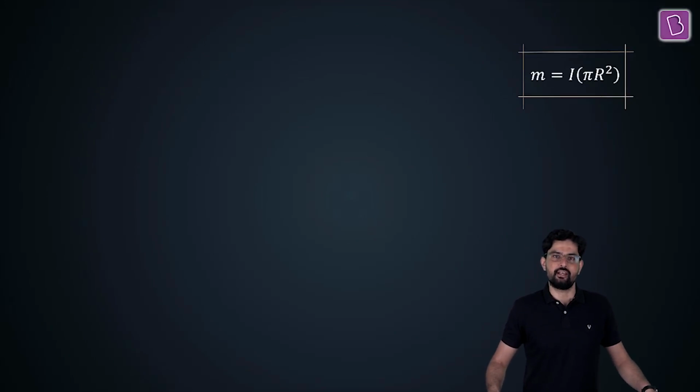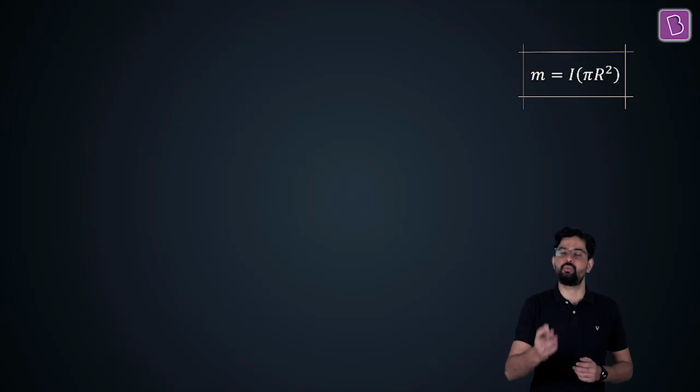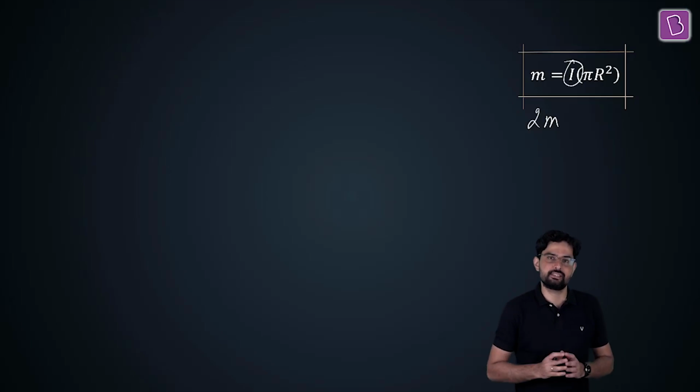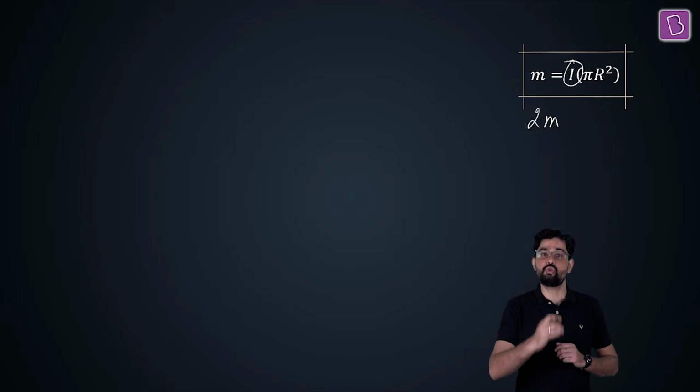Now we know that the magnetic dipole moment is I into A, and for the circular wire it is going to be I into pi r square. Now think about this. The magnetic moment is doubled without changing the current. This means that the radius has become root 2 r, right?